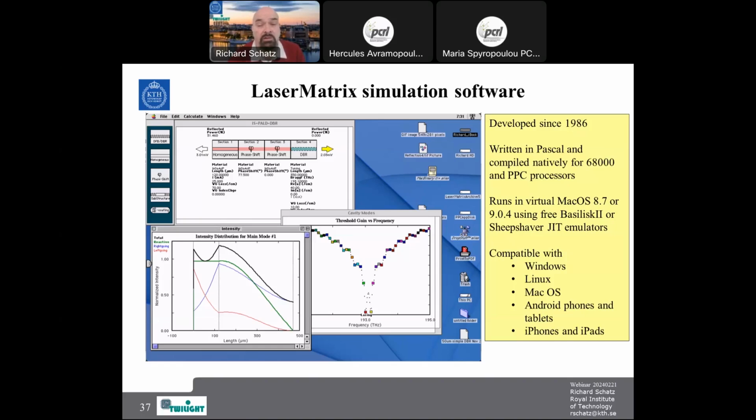You can run it on Windows, Linux, Mac OS, modern Macs, Android phones and tablets, and iPhones and iPads also. Regardless of what you have, I have it even on my mobile phone. You can run this program, and it doesn't take a lot of space. The program itself is small enough that you could put it on an old-fashioned diskette, just a little bit more than 1 megabyte.